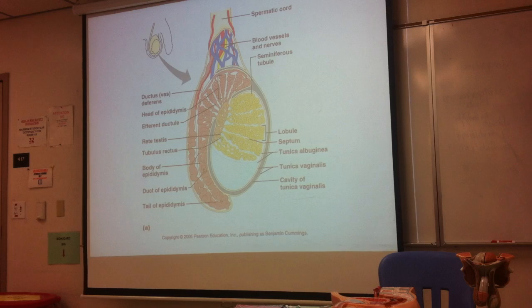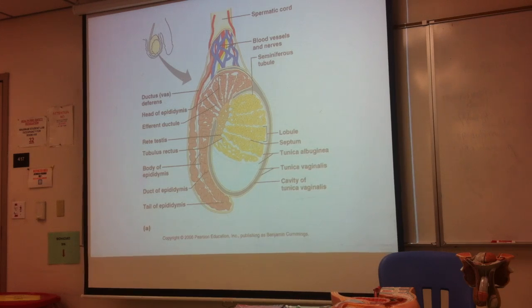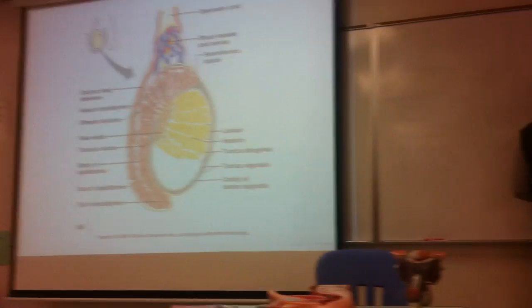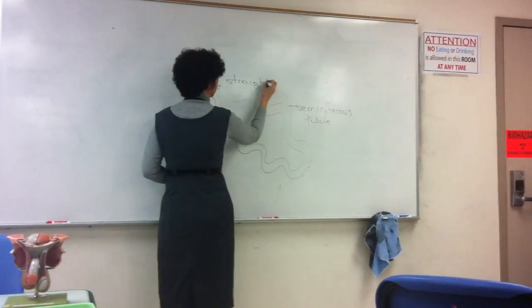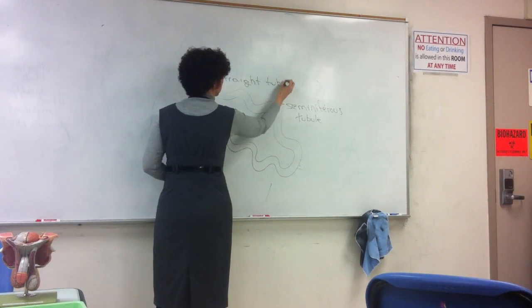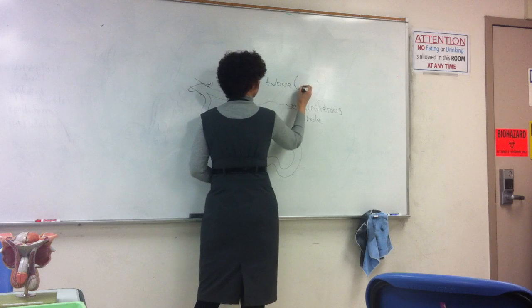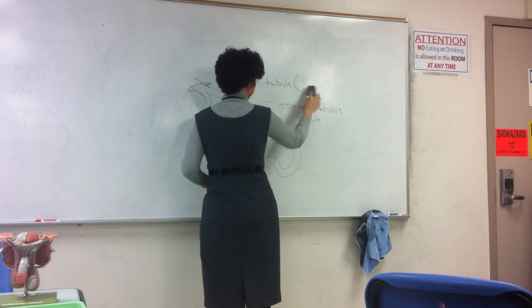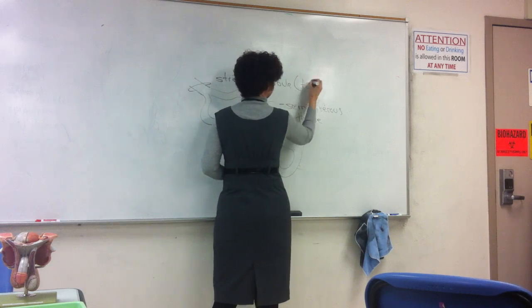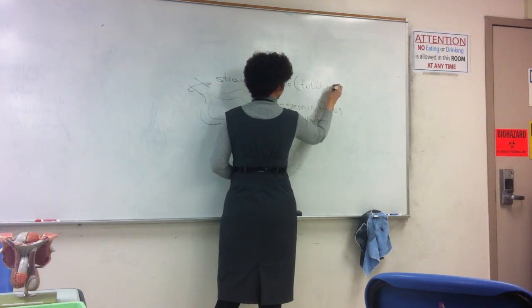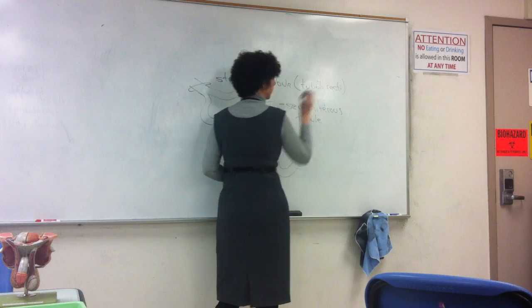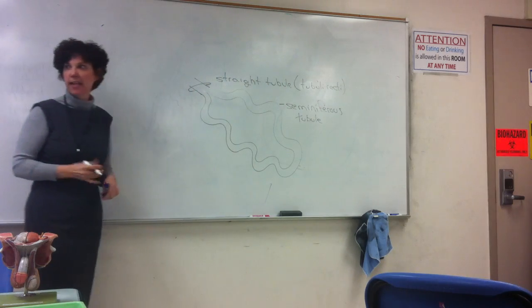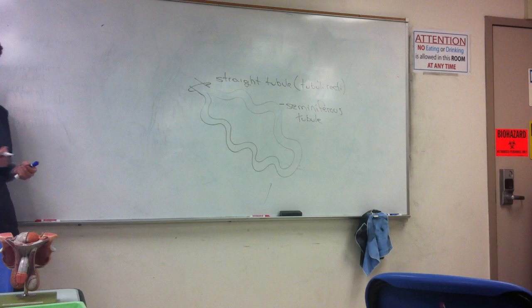That single pathway is identified as a straight tubule. In Latin, tubuli recti. If you happen to see that word, it's the same thing, but for the lab quizzes and exam, straight tubule is fine.